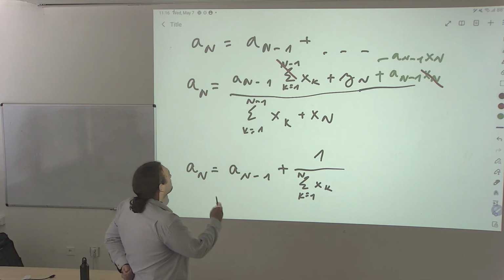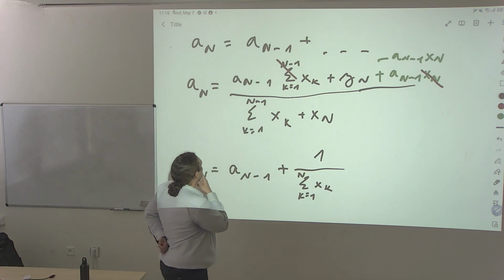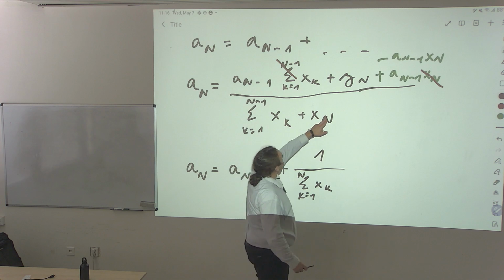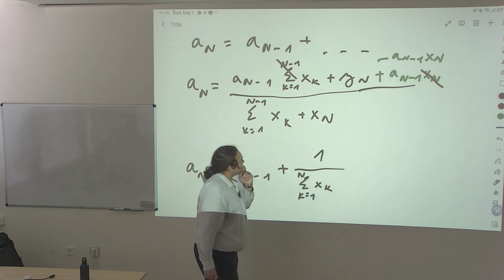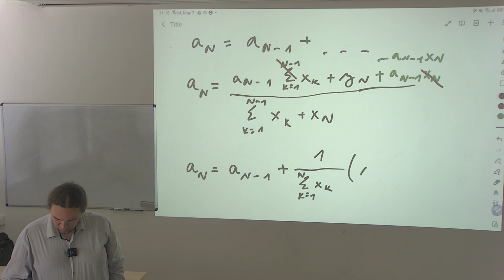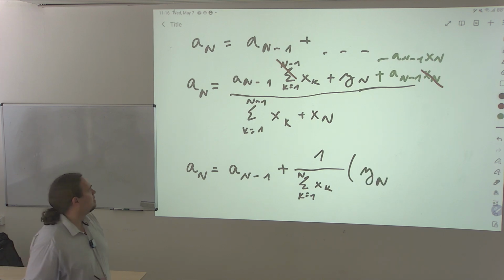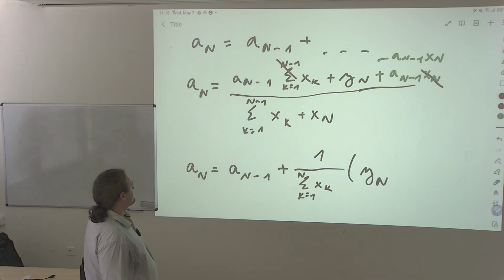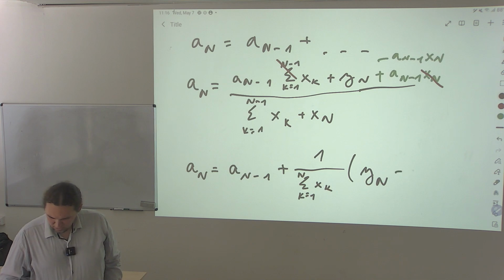and what is left is our measurement at time n, and basically minus an minus 1 xn.